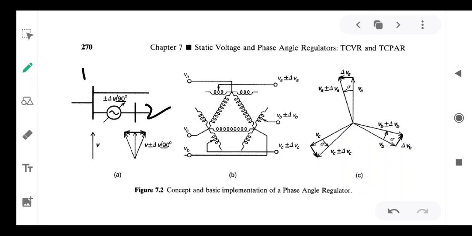It may not be 90 degrees, it may have a different angle sigma. It may be from 0 to 90 degrees plus or minus. The phase angle regulator, plus or minus delta V at plus or minus sigma, is the phase angle regulator.